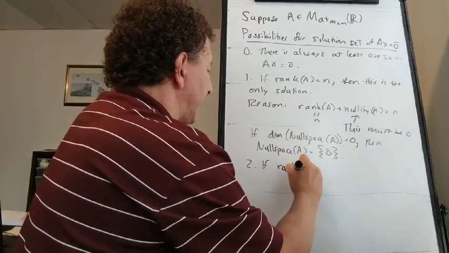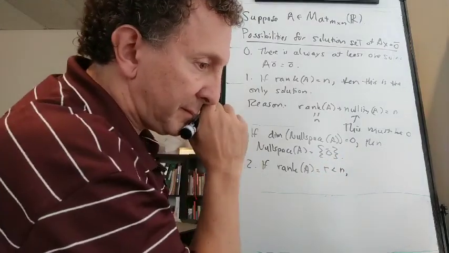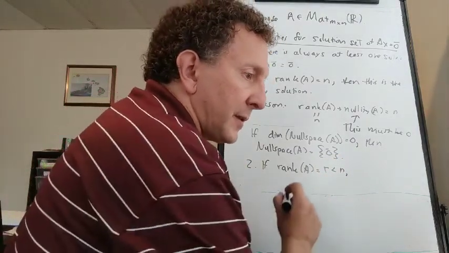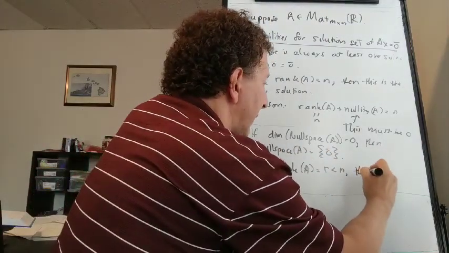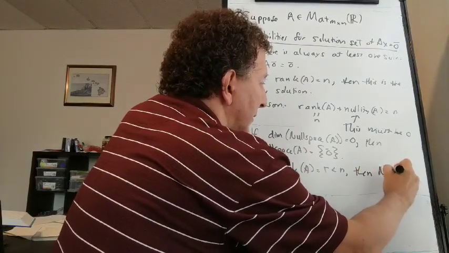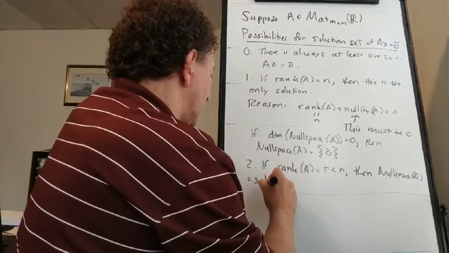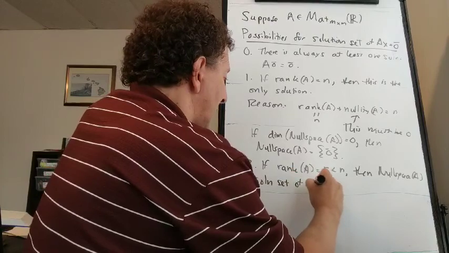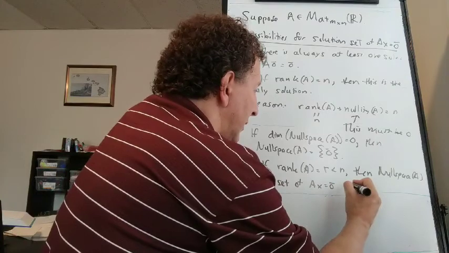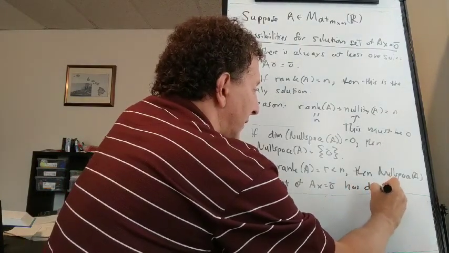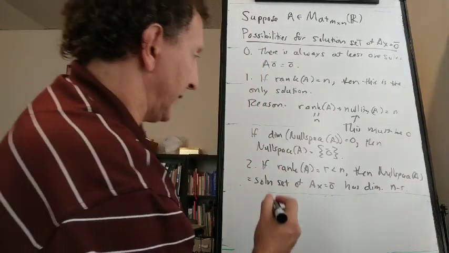So if the rank of A is some number r, which is less than n, then the solution space of Ax equals 0, which is the null space of A, has dimension n minus r. So therefore it's infinite.